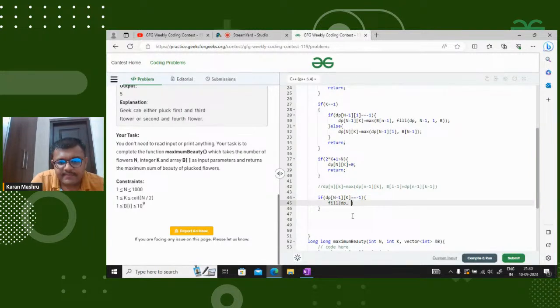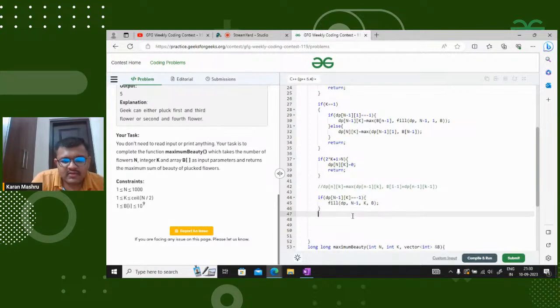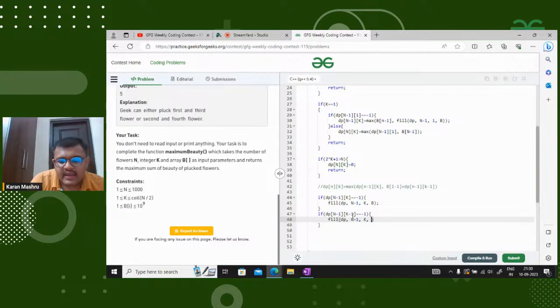So fill dp n minus 1 k, and I'll pass b. Okay, if dp of n minus 1 and k minus 1 is also not filled, then I'll call the function fill dp of n minus 1 k and b.